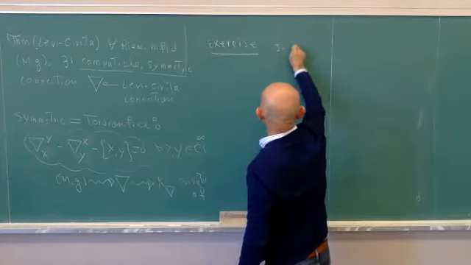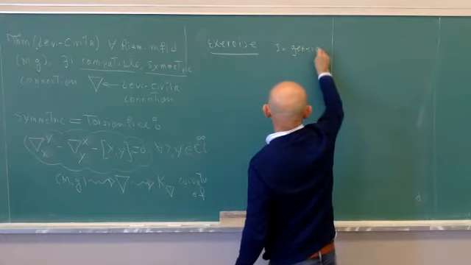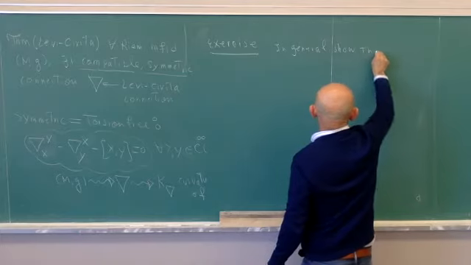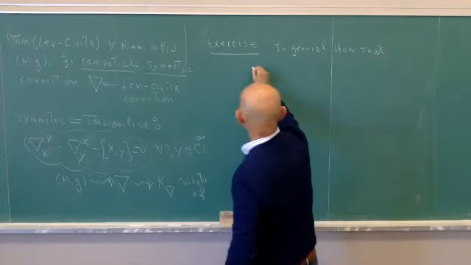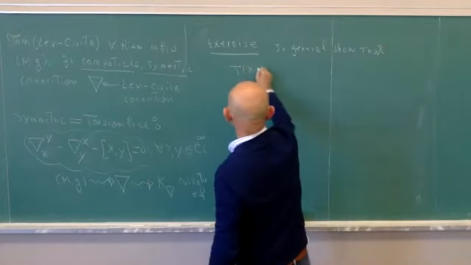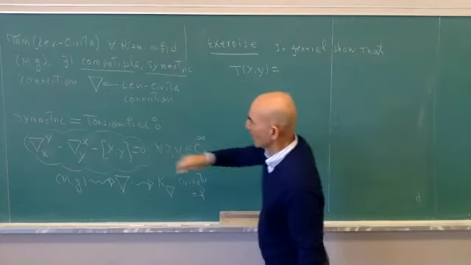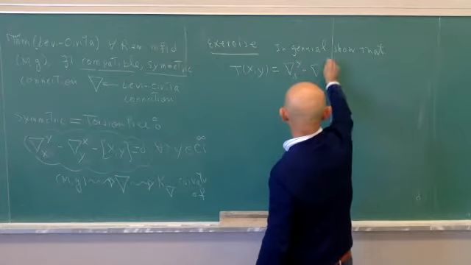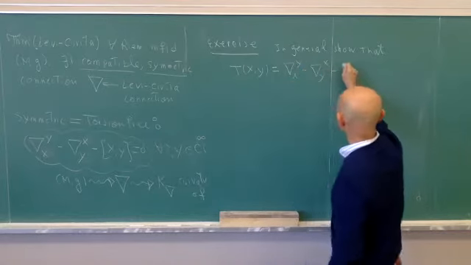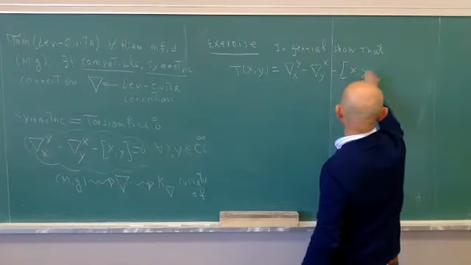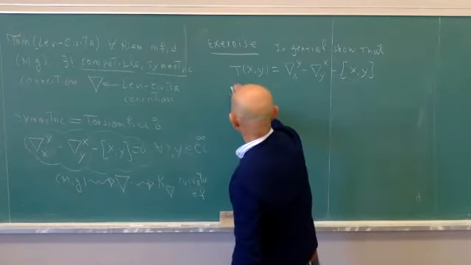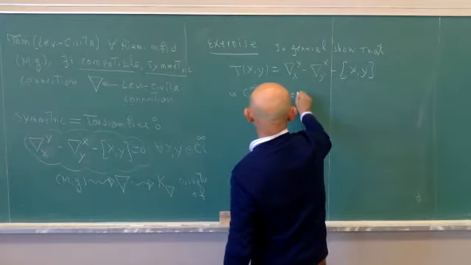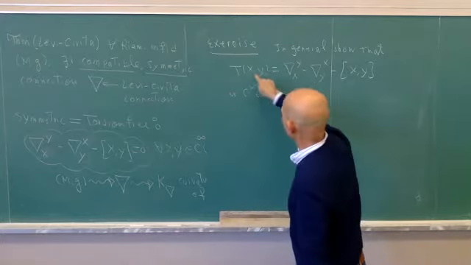In general, show that T(x, y) equal to nabla_y x minus nabla_x y minus the commutator of x and y is C-infinity(M)-linear in x and y.